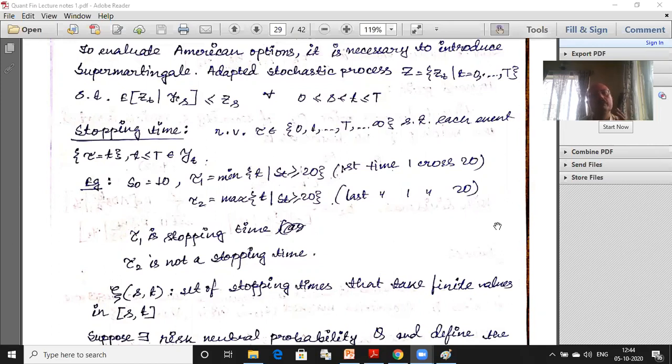Because a random variable is completely described by its probability distribution, and that probability distribution I can find out if I have information up to time small t. Okay, is this clear? Is the definition clear? Because some of you are probably hearing this definition for the first time. So does it make sense?